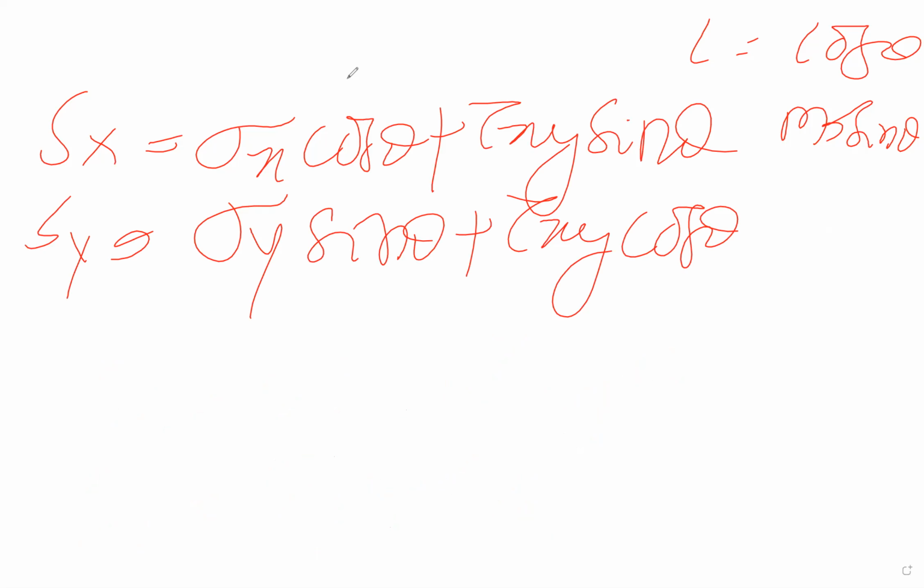And we know the components of Sx and Sy in the direction normal to the plane. If we calculate the normal component of both stresses, Sxn for normal, similarly Syn, we are calculating the normal components of both the stresses Sx and Sy.